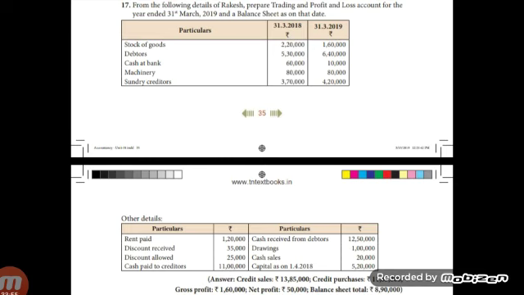Then write the amount in outer column. Then find the total, children. You will get a tally balance. Okay. Learn it well, children. Learn the format of trading and profit and loss account and balance sheet. Children, look at the question and solve. Thank you.